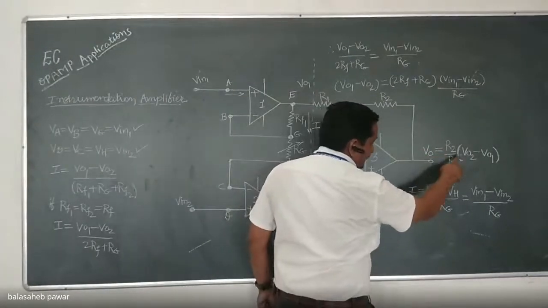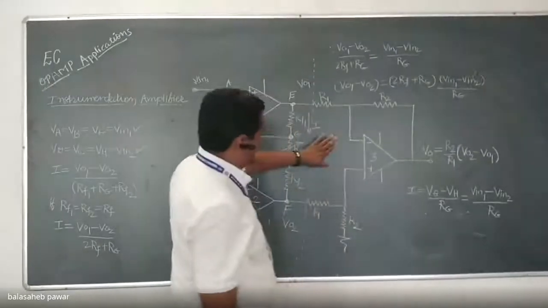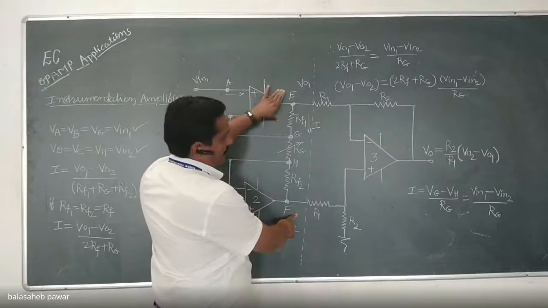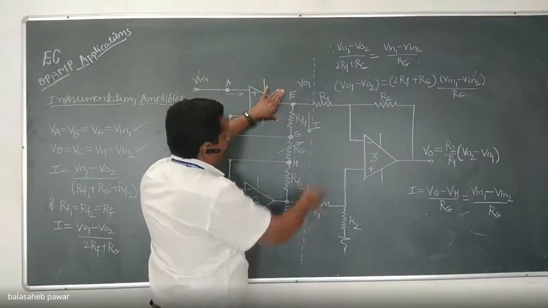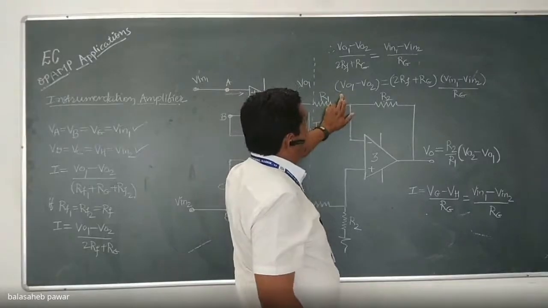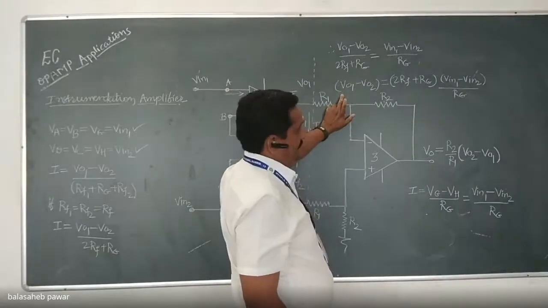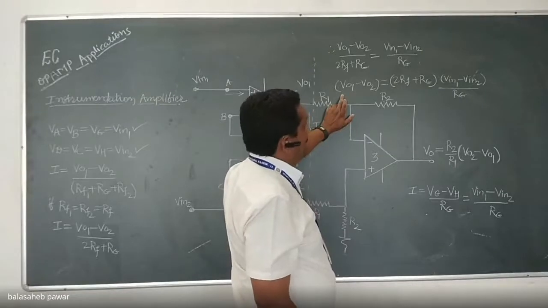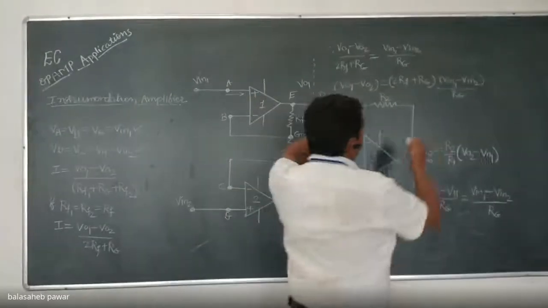So see, we already mentioned the equation for output voltage is R2 by R1 into the difference between two inputs. That is nothing but the difference between the outputs of the first two op amps, that is VO2 minus VO1. But whatever equation we got, it is in terms of VO1 minus VO2.